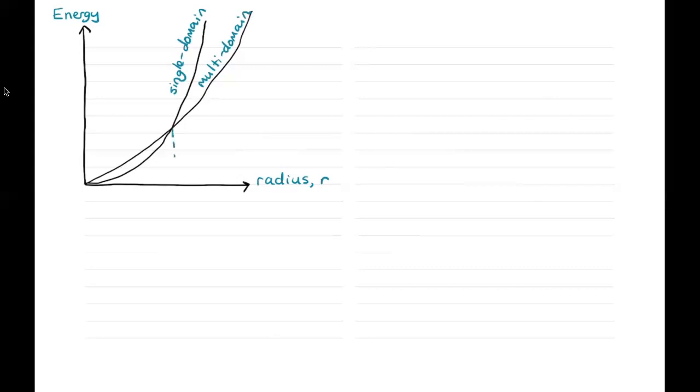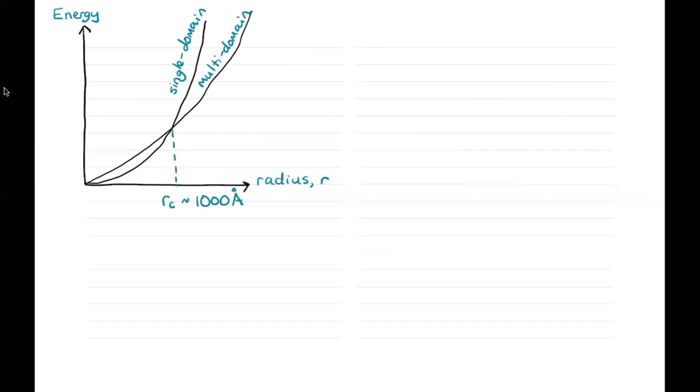And so we see that there's a crossover at some critical radius, which is again, as we said earlier, around 1,000 angstroms. Good. So we've established then that for some certain size, we would expect that the lowest energy configuration for a magnetic particle is for it to be single domain.